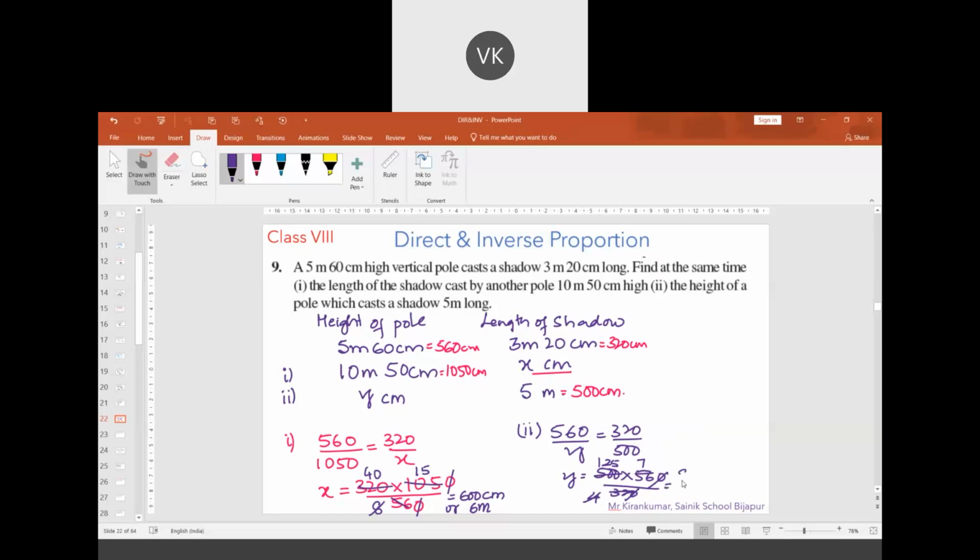We get it as 875 centimeter, or 8 meter 75 centimeter. So you understood? Very good.